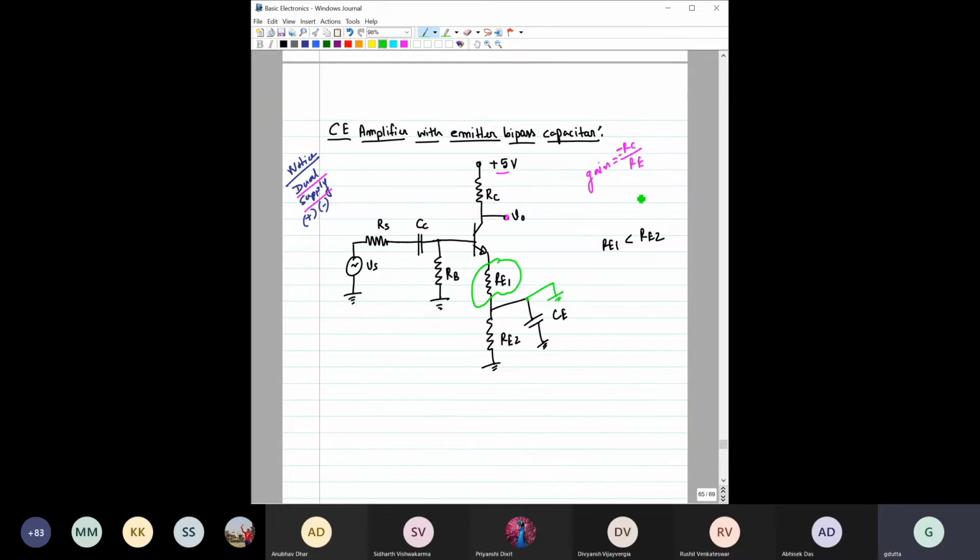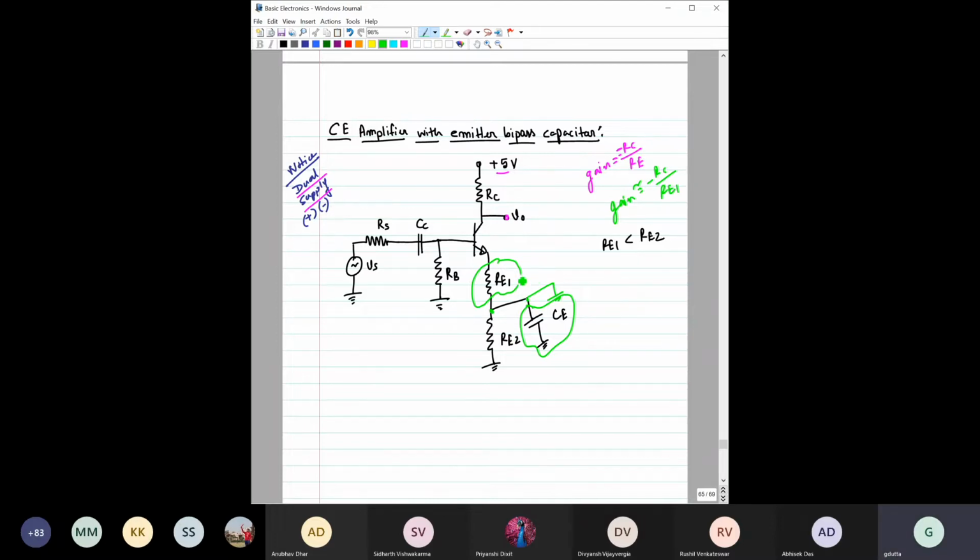So that way the gain is now, approximately, minus RC by RE1, because of this capacitor CE, this portion has been grounded, or short circuited.